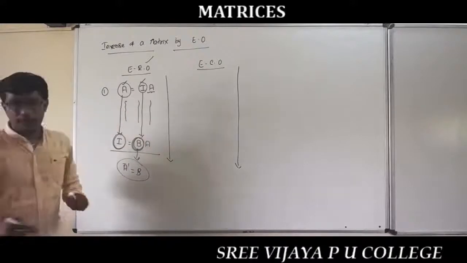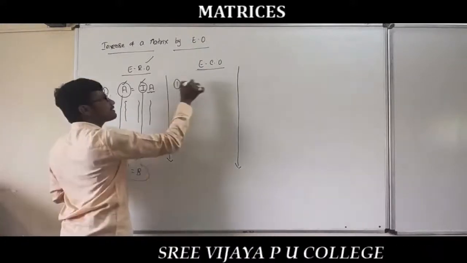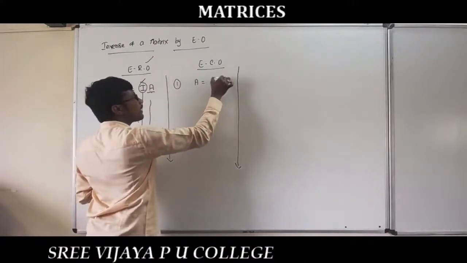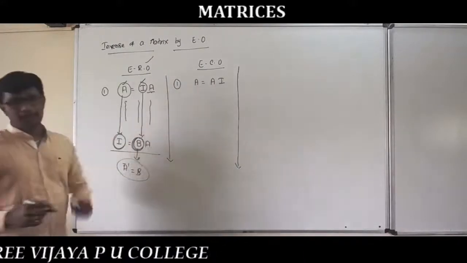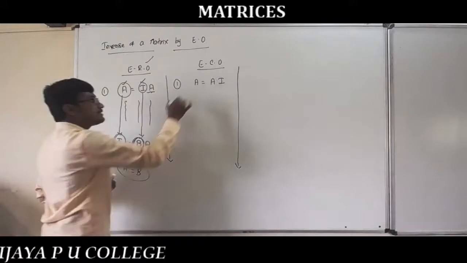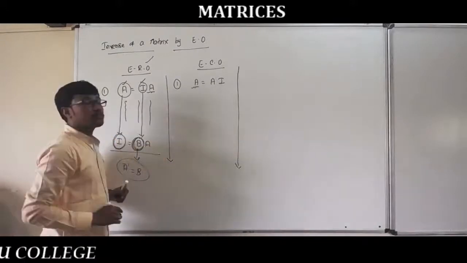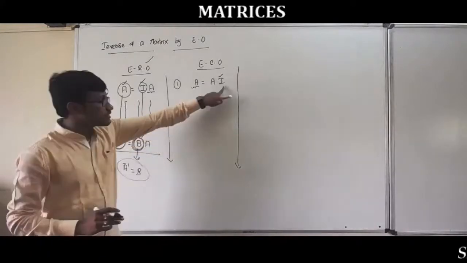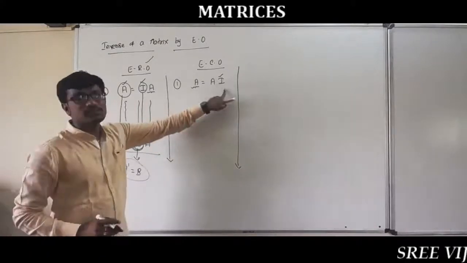If it is the column operations, we can write that A is equal to AI. So here, this is the matrix A, what it is given in the problem, and this is the identity matrix. If A is 2 cross 2, I is also 2 cross 2. If A is 3 cross 3, I is also 3 cross 3.